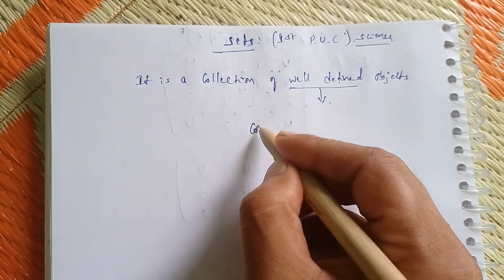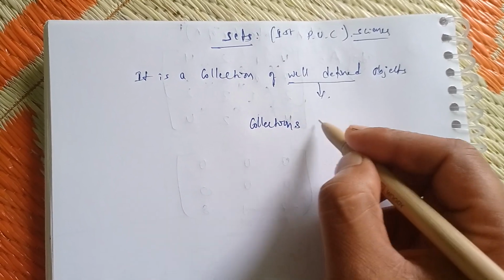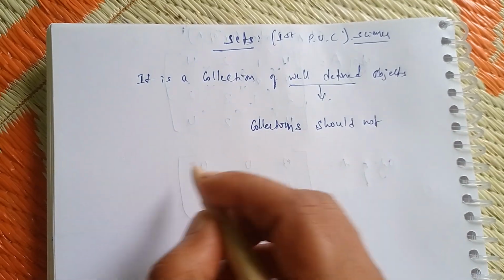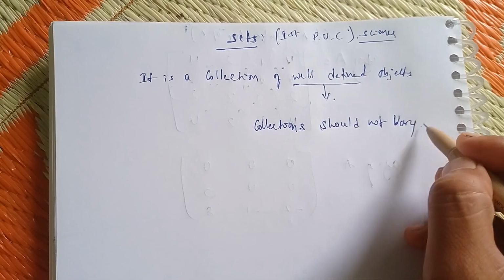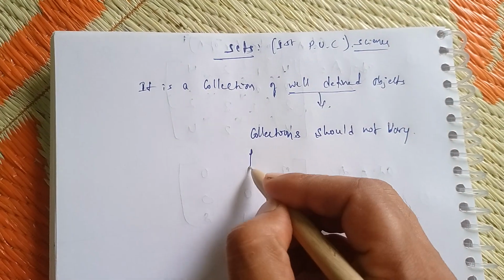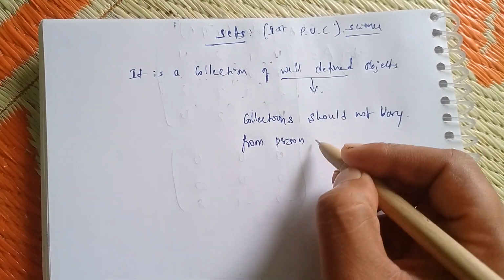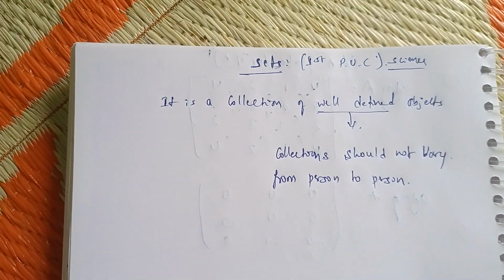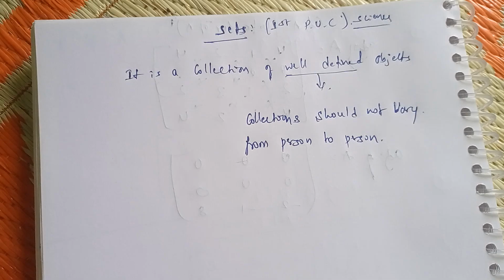It means the collection should not vary from person to person. So well defined means the collection should not vary from person to person.